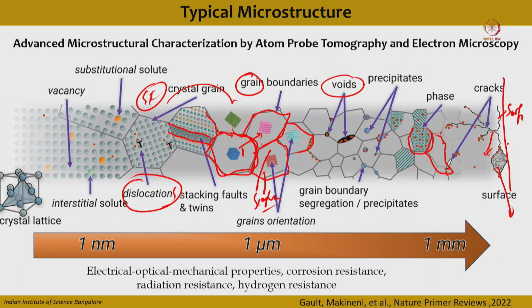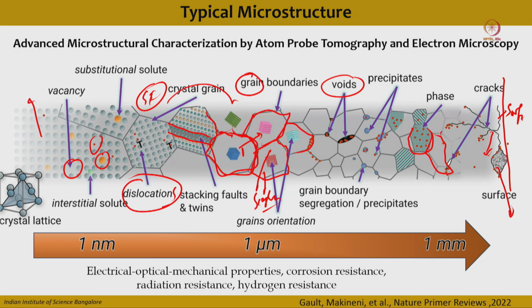If you go still higher in magnification, at the atomic level, we can see that there might be vacancies, substitutional atoms, and interstitial atoms which can strain the lattice, okay, inside the grain. Due to that strain, it will directly impact the property of the material, especially the mechanical property.